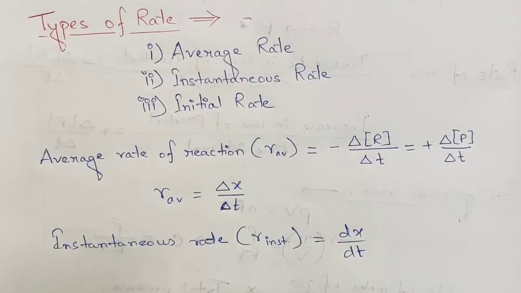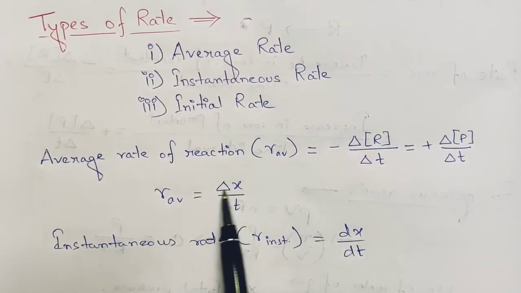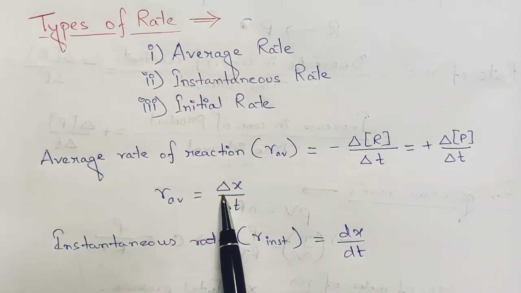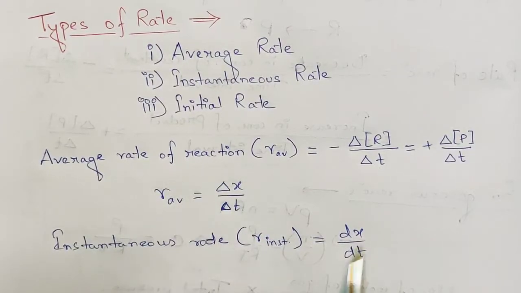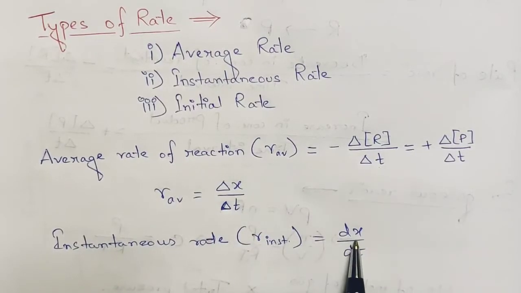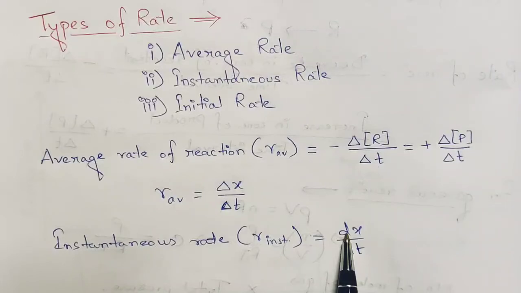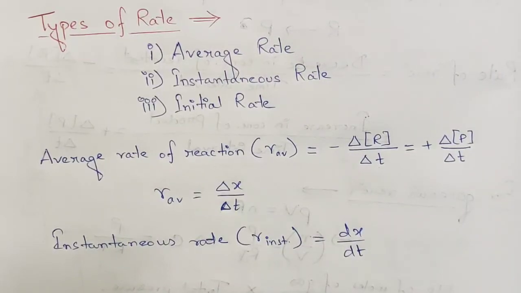The symbol delta is used for a large change, that is the average rate, and in case of the instantaneous rate we use small d to indicate a small change in the concentration of the reactant or product, or a small change in time.